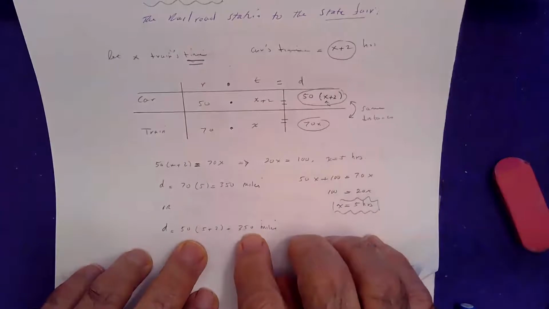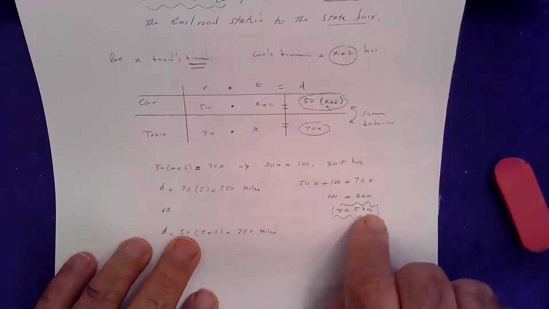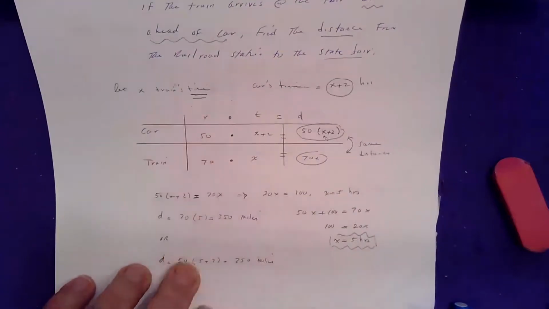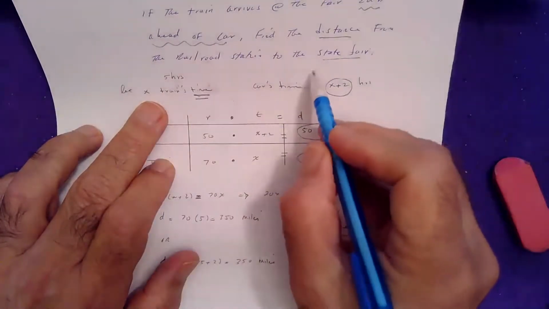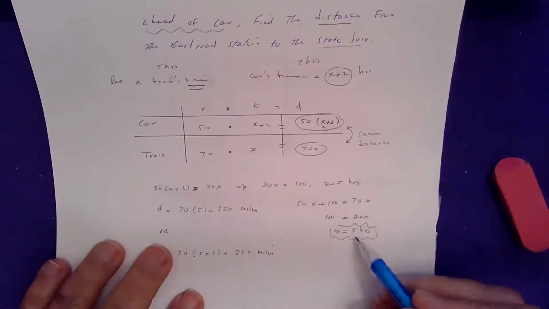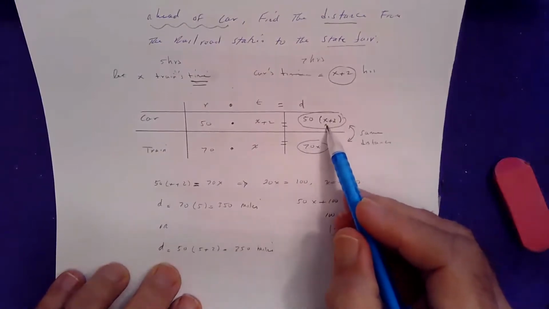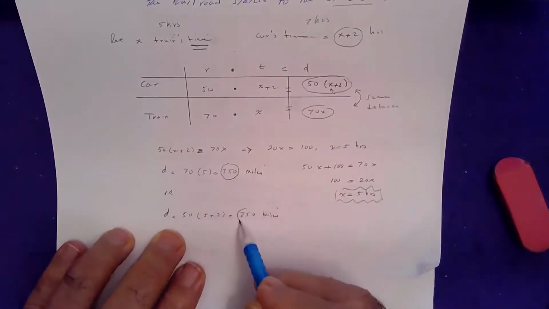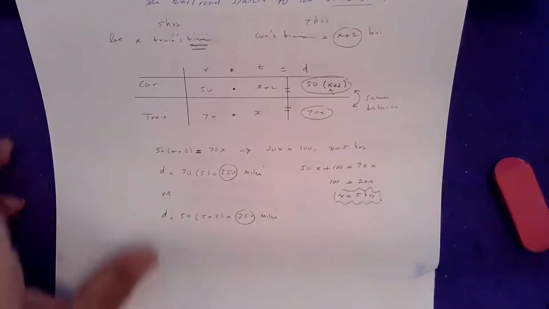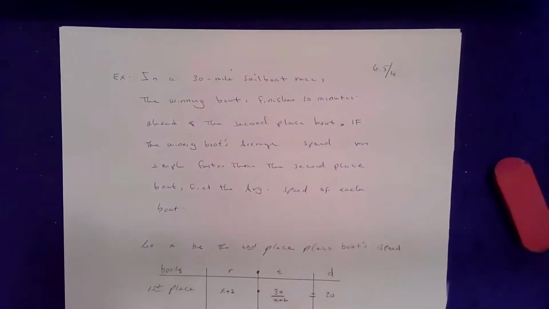The distance doesn't change. By the way, that was the time for train, so it took train 5 hours, but it took the car 7 hours. It doesn't matter whether you take the x equals 5 and substitute here or here. Notice you're getting the same mileage, which is 350 miles.